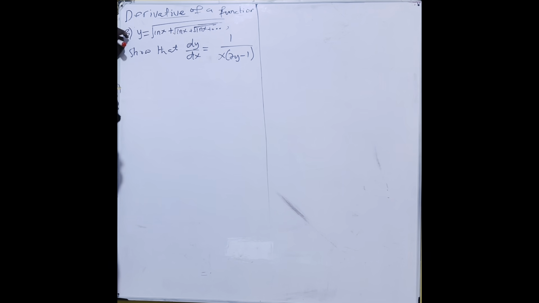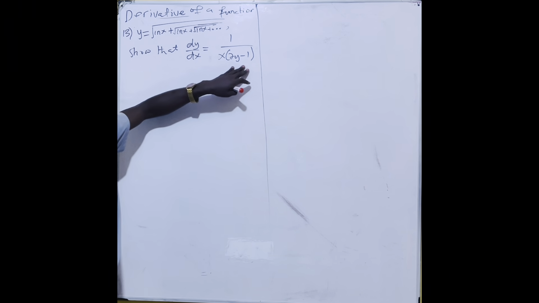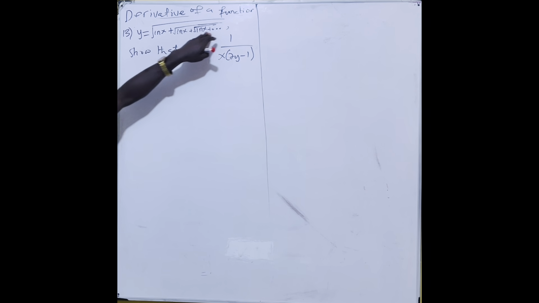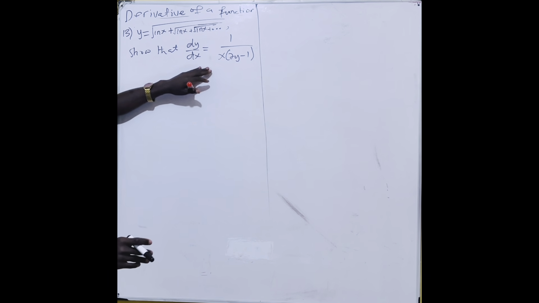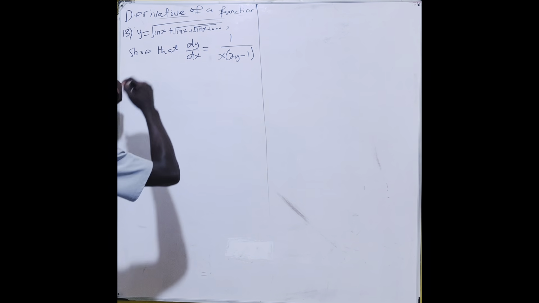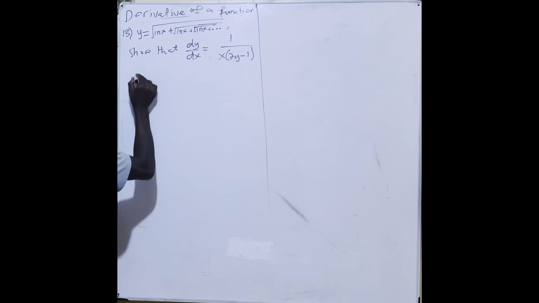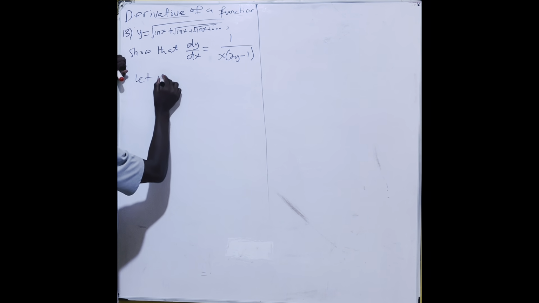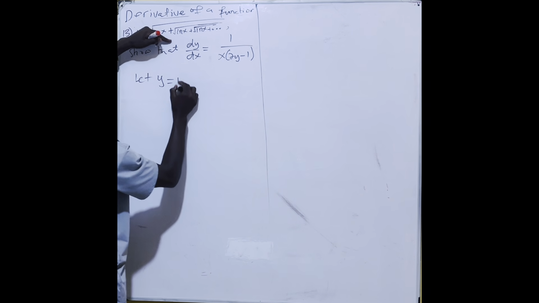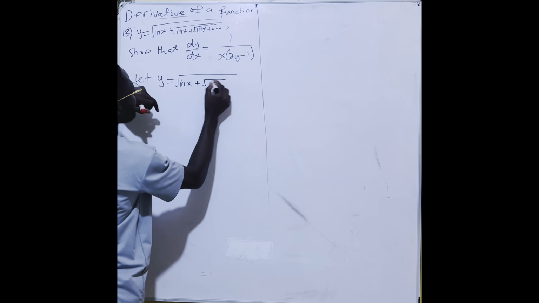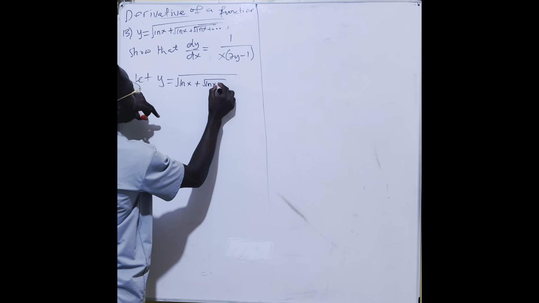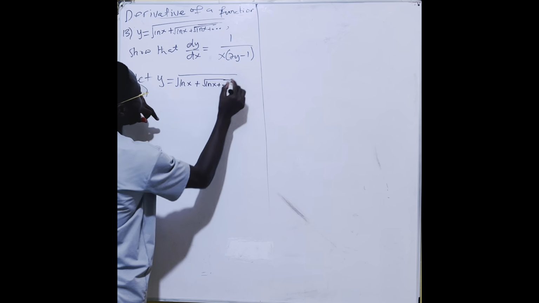With question number 13, we want to show that this is equal to this, right? And we have been given this, okay? So, as we did in question 11 and 12, we are going to apply the same knowledge in here. So, over here, let's say that y should be equal to the square root of ln x plus the square root of ln x plus, to infinity, right?